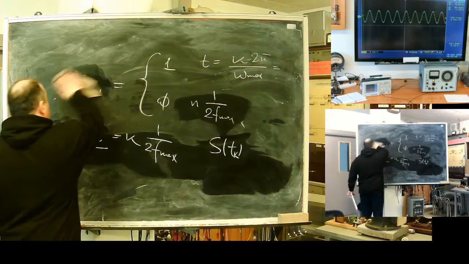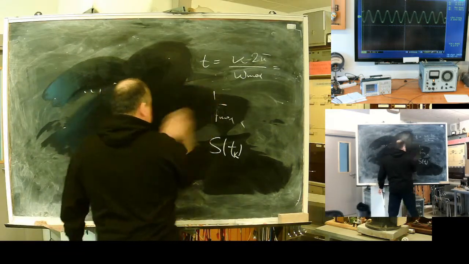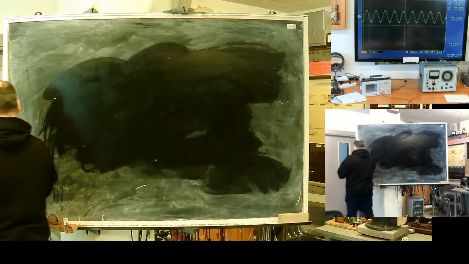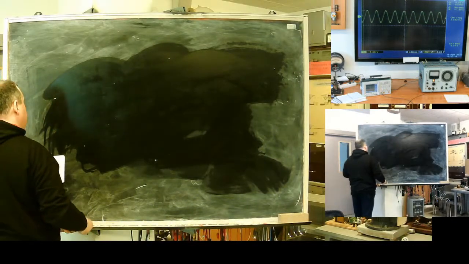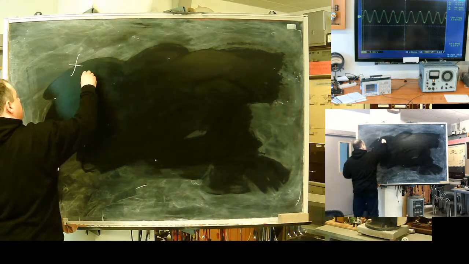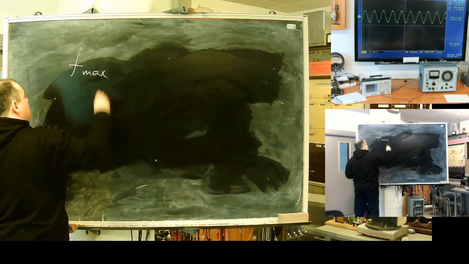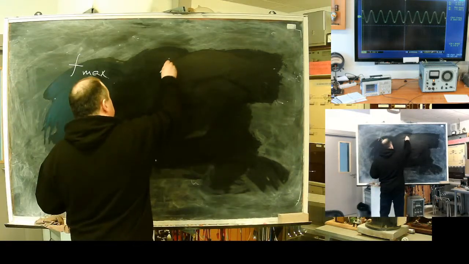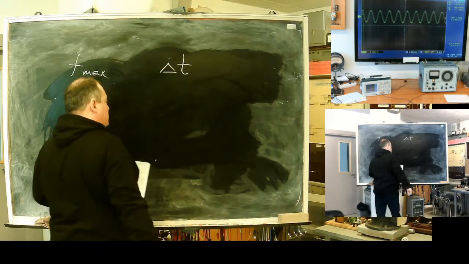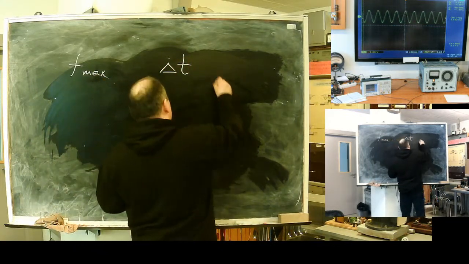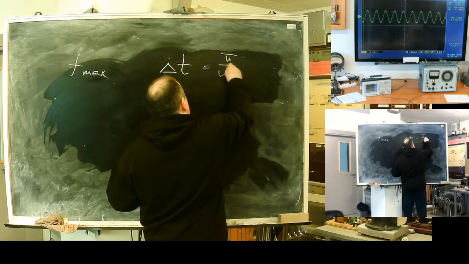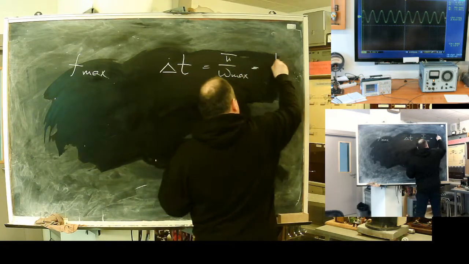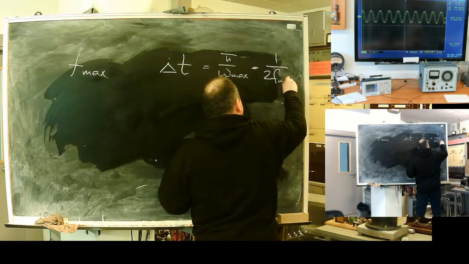This means that if our signal has a frequency range up to f max, it can be fully represented with samples taken with pi divided by omega max, or 1 divided by 2 f max.